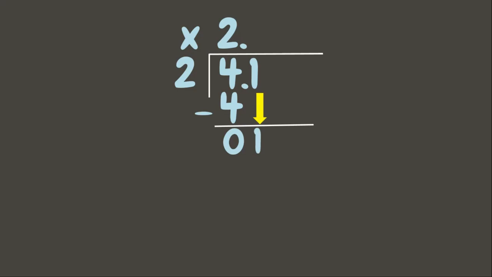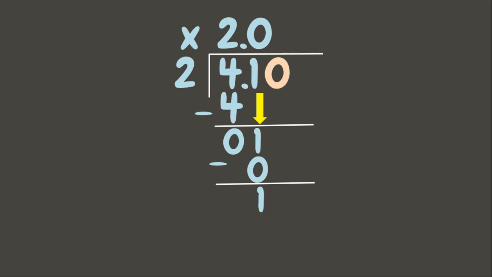1 divided by 2 is 0. 0 times 2 is 0. 1 minus 0 is 1. Since there is still a remainder in dividing decimals, we need to add zeros in the dividend. There.